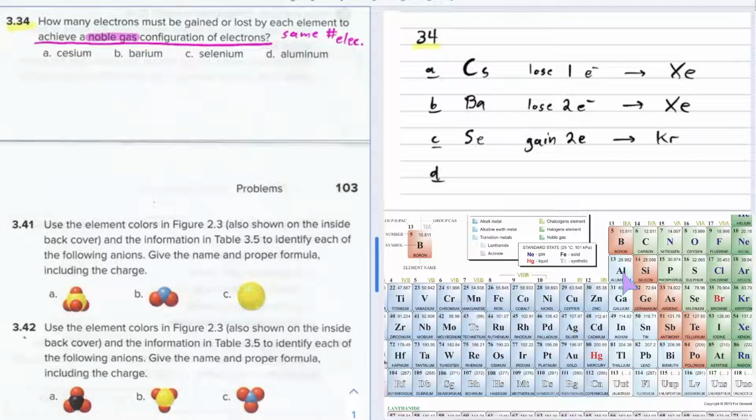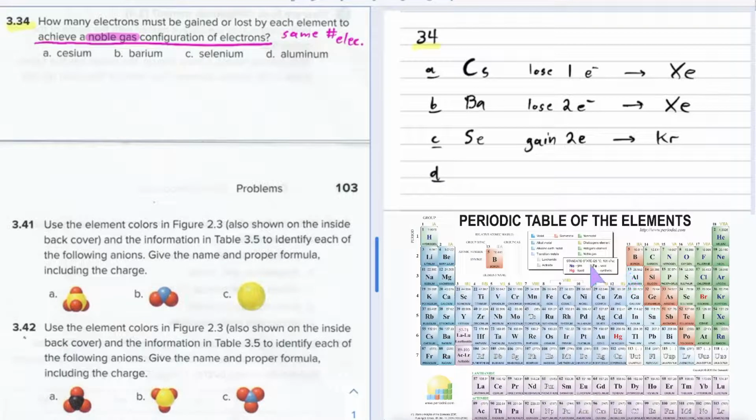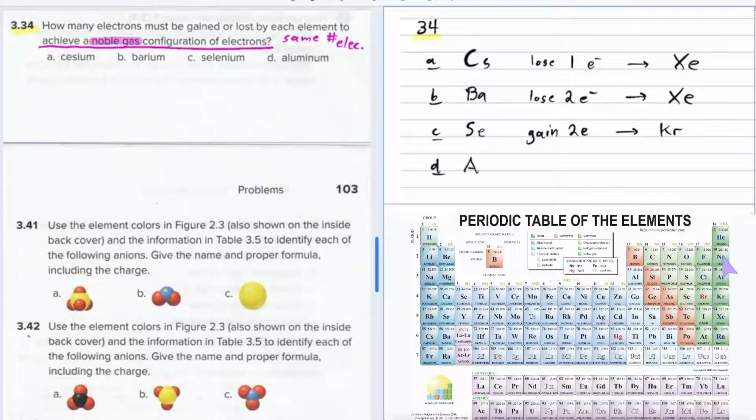Now it could gain 1, 2, 3, 4, 5 electrons to be like argon, which would make it a -5 charged ion, or it could lose 1, 2, 3 to be like neon. And that's what it would do, of course. So aluminum would lose 3 electrons, and that would make it like neon.